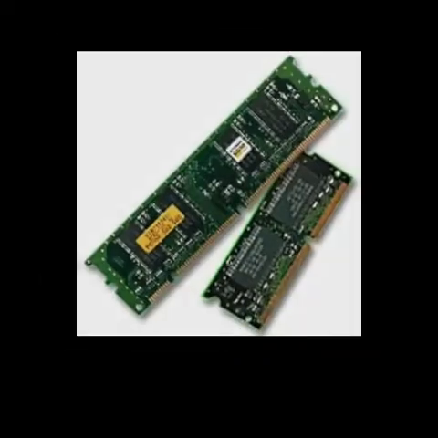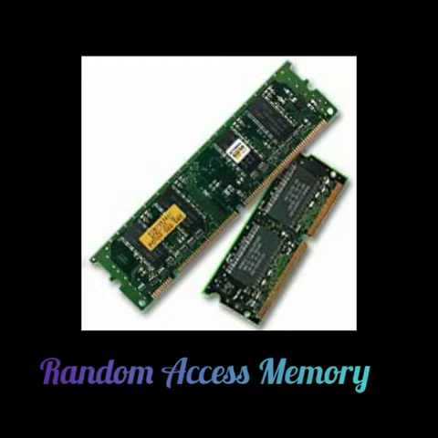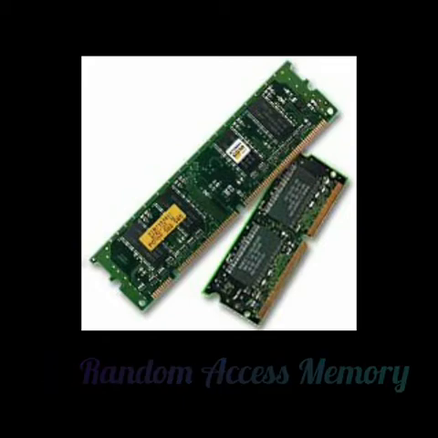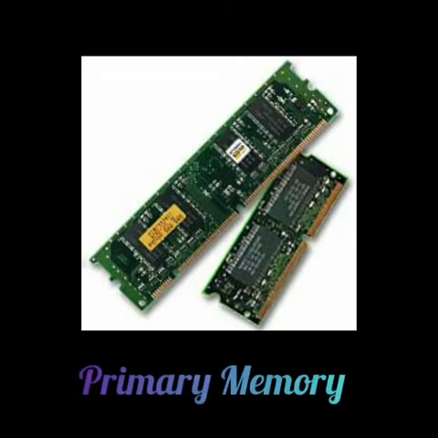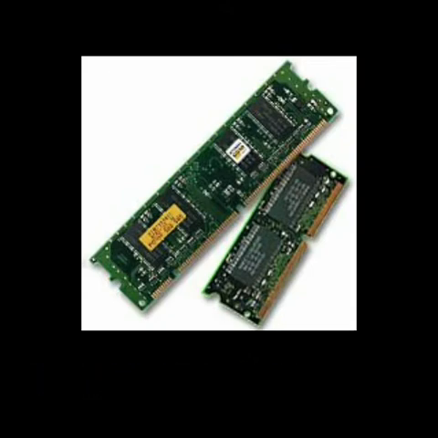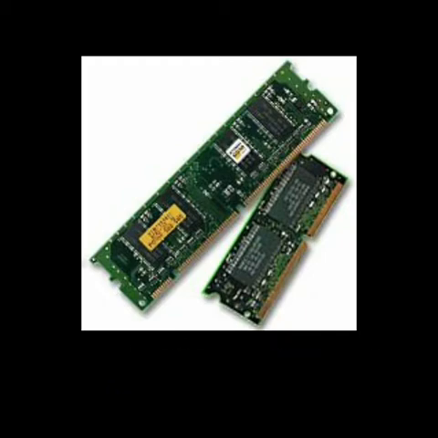Second, RAM. RAM stands for Random Access Memory. It is also known as primary memory of a computer. Memory refers to a device that is used to store information for immediate use in a computer or related computer hardware device.